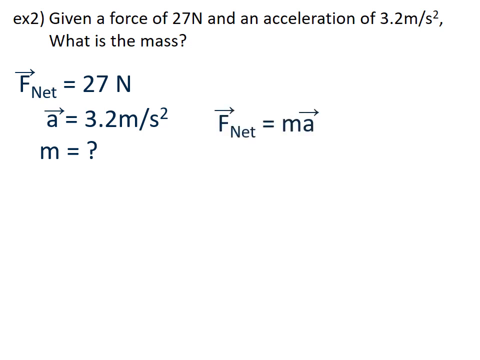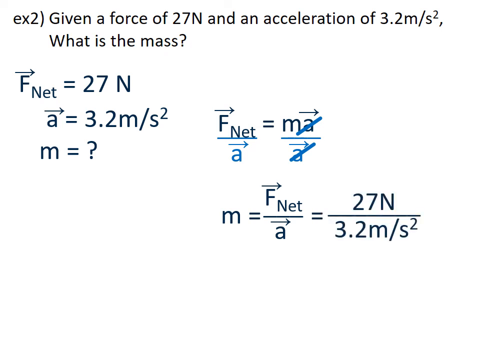If I'm solving for m, I need to get m by itself, and right now A is hanging out around m, so I will move A. To get A away from m, I will divide both sides by acceleration. That way, on the right-hand side, acceleration will factor out. I then have m by itself, and that is equal to Fnet over acceleration.